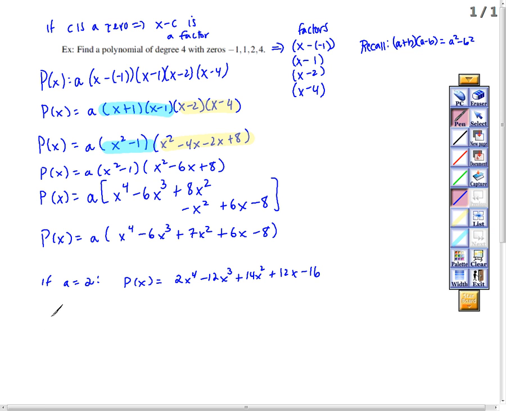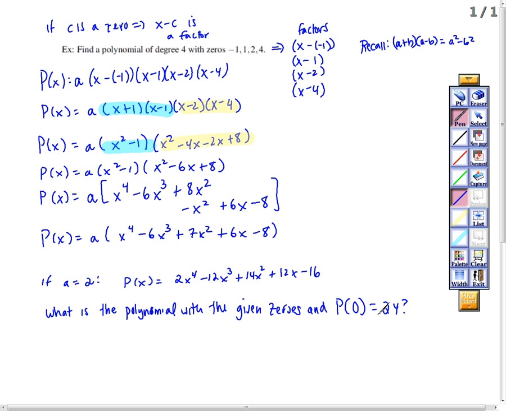What if I want the polynomial with a specific constant coefficient? Let's see, what is the polynomial with the given zeros and p of 0 equals, let's say, positive 24.